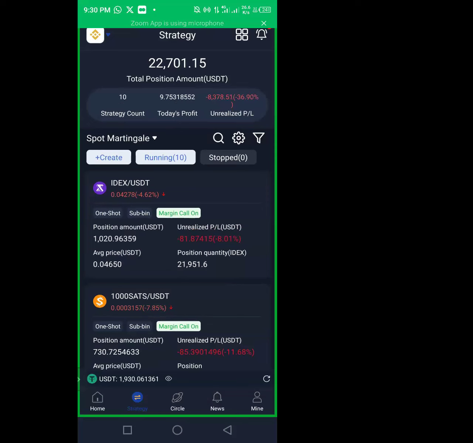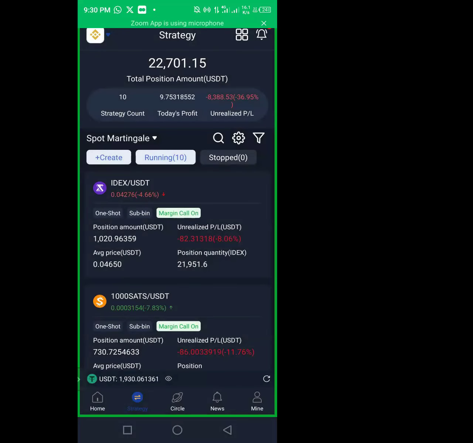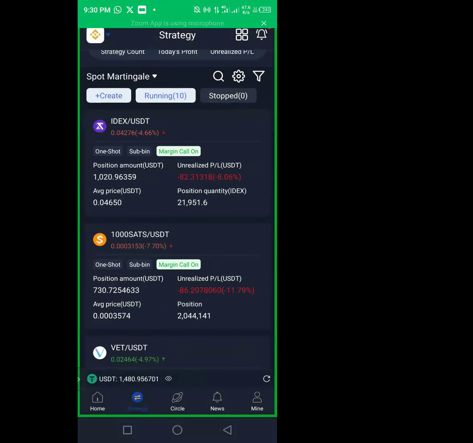So what will manual replenishment help you do? Number one, it will give you more profit when the coin finally sells off. Then it will reduce the amount of time that you have to wait. You understand? So whether I have more spare USDT now, I would have done it for this 1,000 starts.